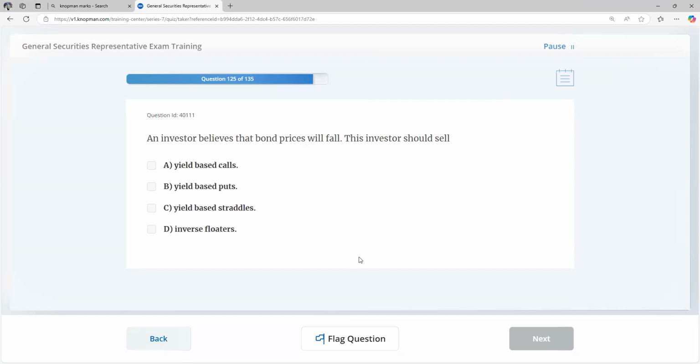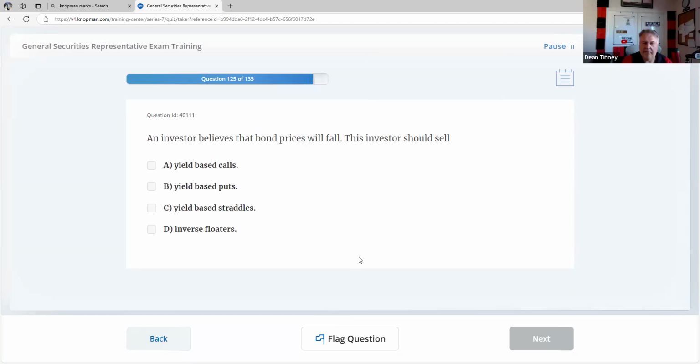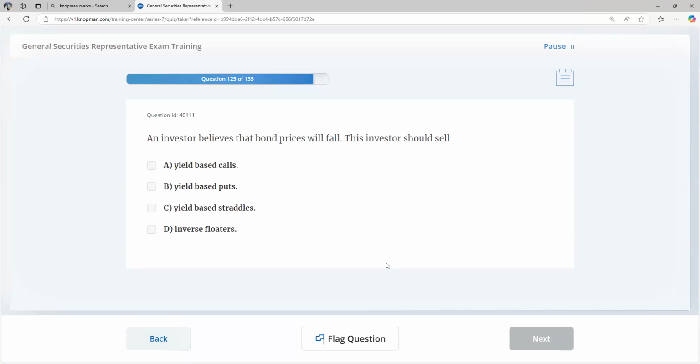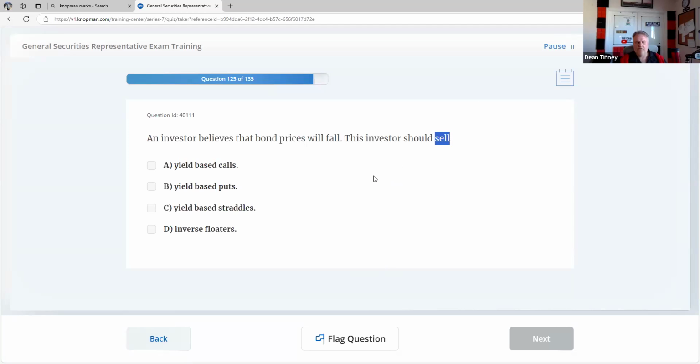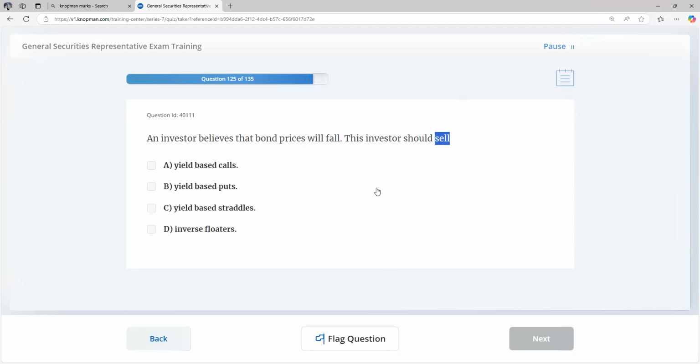So you have two bullish strategies on interest rates going up: you could either buy yield-based calls, or you could sell yield-based puts. It says sell, so we get on the opposite side and sell the yield-based puts. Excellent. That's what it is.